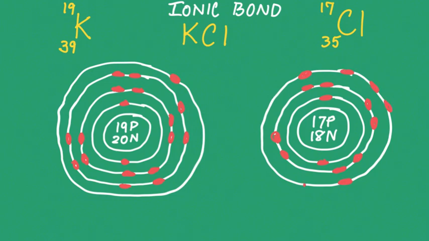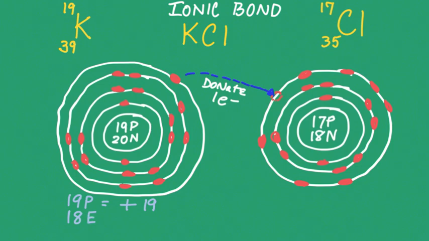So the potassium is going to donate an electron to chlorine, as we saw earlier with the sodium. And this will allow potassium to have its third shell filled. And as a result, potassium becomes positive because it loses an electron. So we have 19 positive charges and only 18 negative charges.